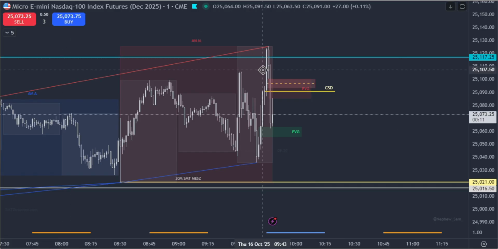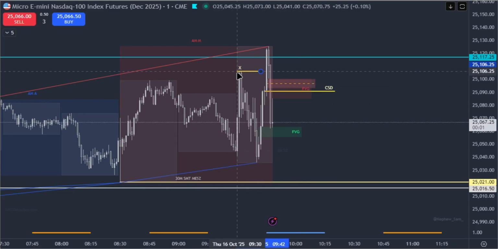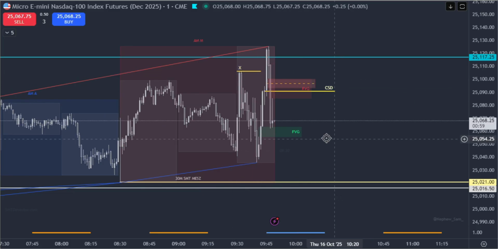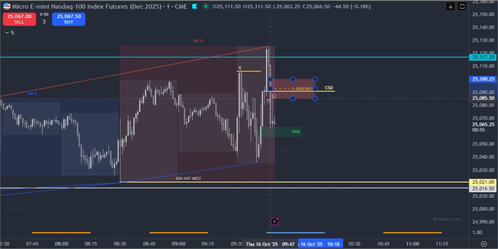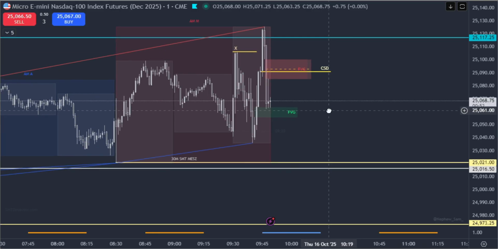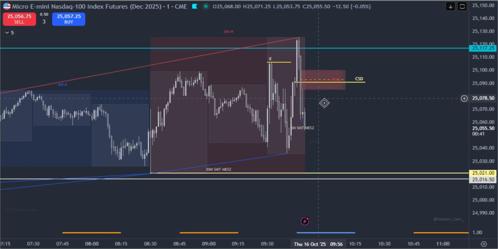We sweep this as well. There's a fair value gap right here. Let's see if we might not actually tap into it because the Dow Jones already did. This fair value gap here was already tapped into by the Dow Jones.